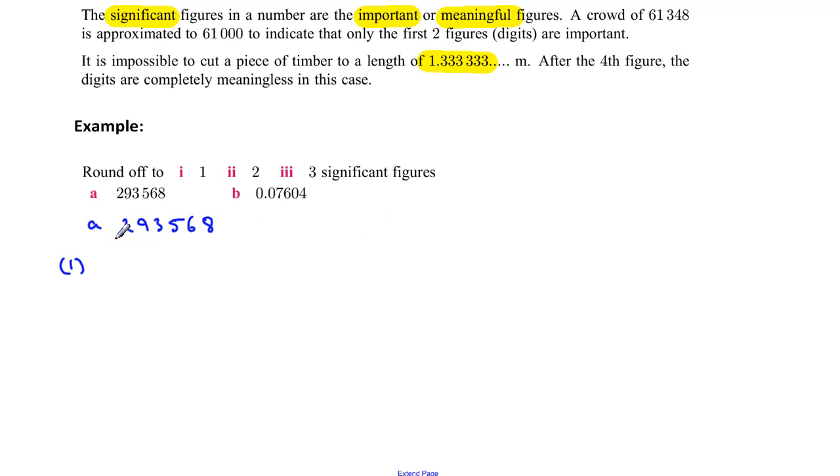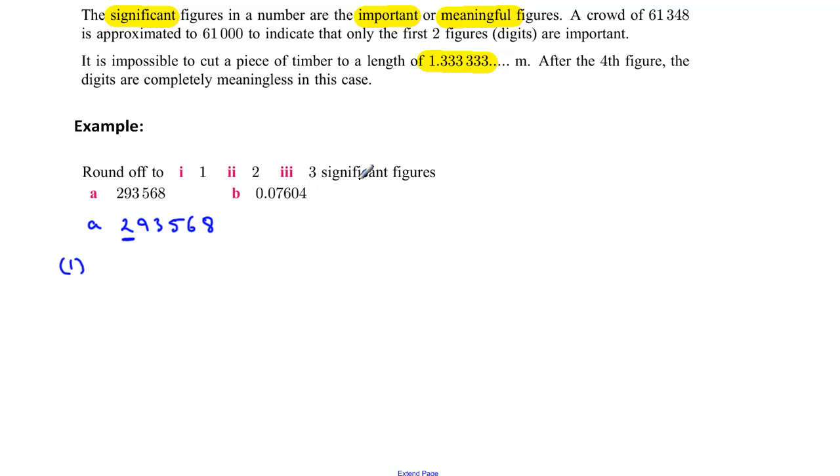So count from the left to the right, and the first number that is not 0 is the first significant figure, and in this case it's 2. And I'll say that again, the first number as you go from left to right that is not 0 is the first significant figure.